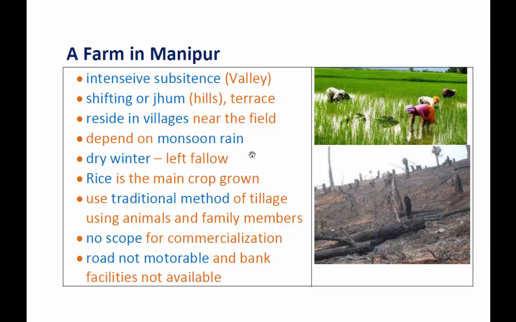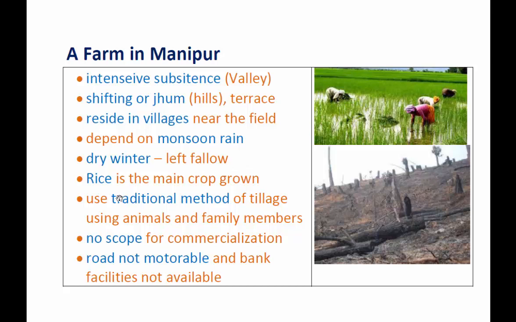If we had proper irrigation, we could cultivate crops even during the dry season. So in the dry winter, what happens? The land is left fallow. Fallow means without doing anything. It has just been left alone. No production takes place, so to say.